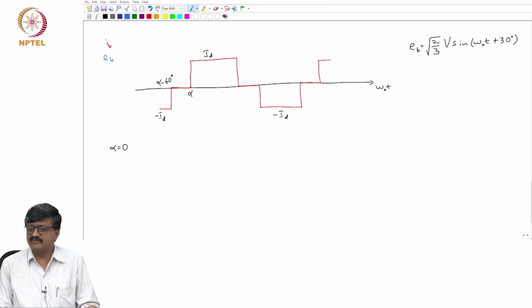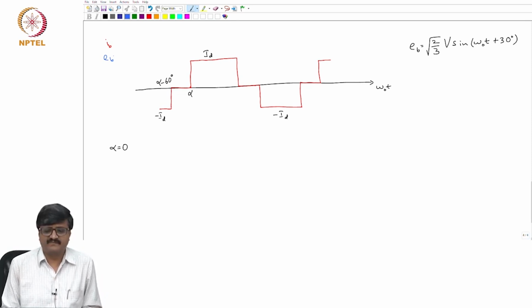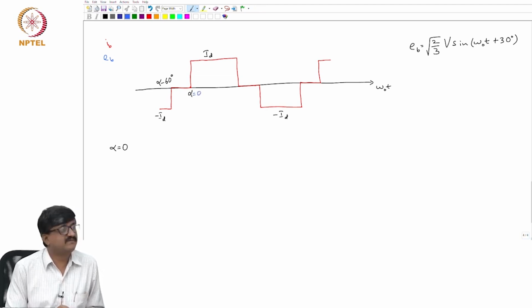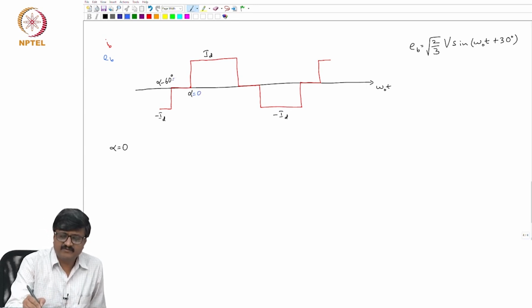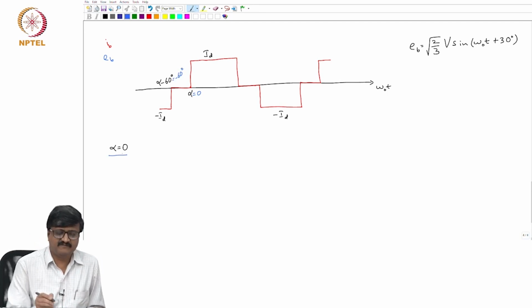So, where is the 0 crossing of EB? So, say negative to positive 0 crossing of EB. Say when I say alpha is equal to 0, this is equal to 0. Okay. So, and this is equal to minus 60 degrees if alpha is 0. So, I am assuming that alpha is 0.